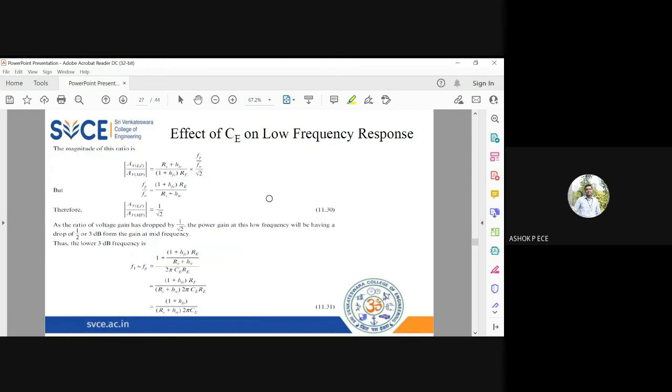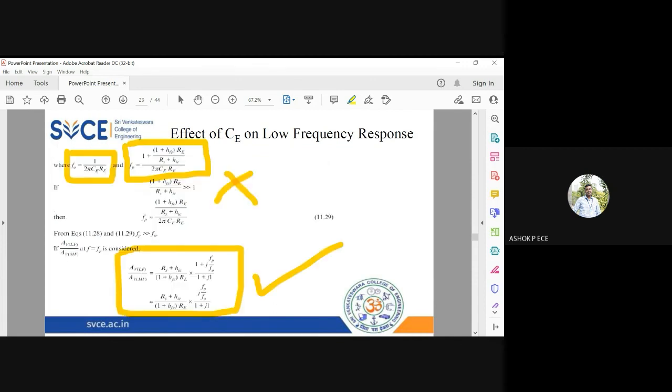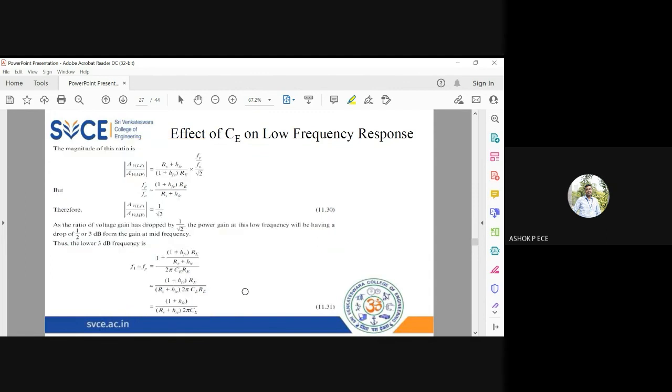And when you take modulus, you know real numbers won't change, and you see j fp by f naught. If you take modulus, you get fp by f naught, and modulus of 1 plus j is root 2. So you have this expression, and fp by f naught and these terms will get cancelled, so you get the answer as just 1 by root 2.